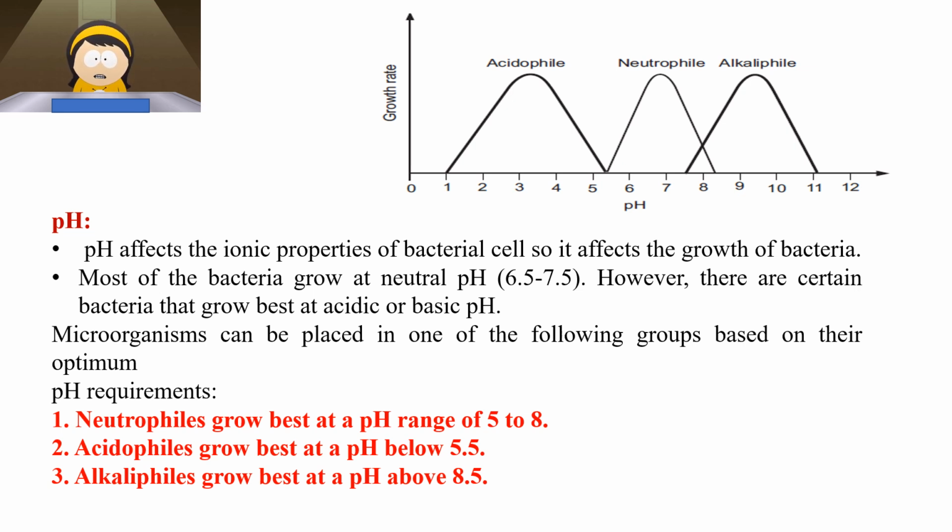Microorganisms can be placed in one of the following groups based on their optimum pH requirements. 1. Neutrophiles grow best at a pH range of 5 to 8. 2. Acidophiles grow best at a pH below 5.5. 3. Alkaliphiles grow best at a pH above 8.5.